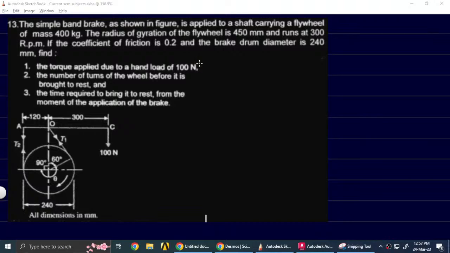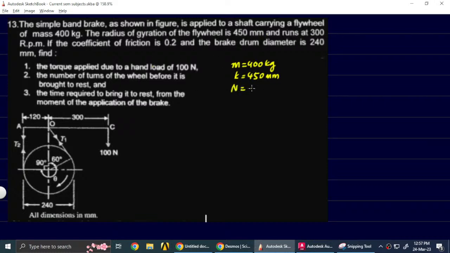And okay, we have this next question on a simple band brake. The diagram is also given in the question, and we have been told that the mass of the drum is 400 kgs, and the radius of gyration, that is k, that value is 450 mm, and it is running at 300 rpm.